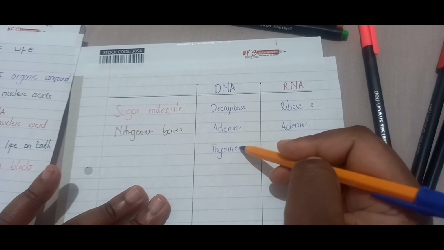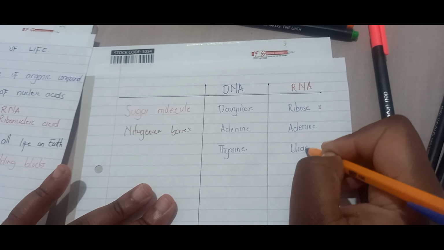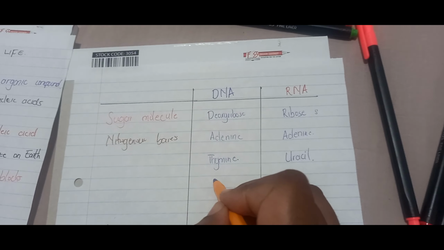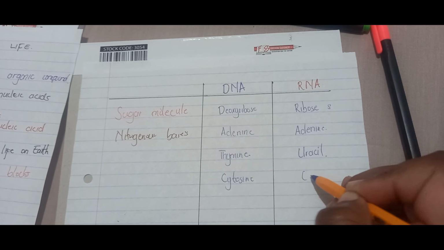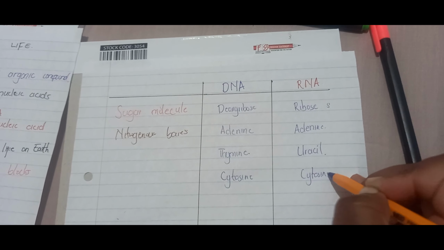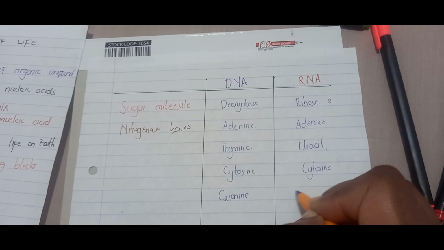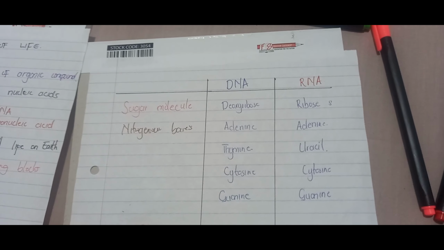Now, DNA has thymine, but RNA has uracil. The third one they both have is cytosine. The fourth one they have is guanine. As I said, my pronunciation is for me to remember.